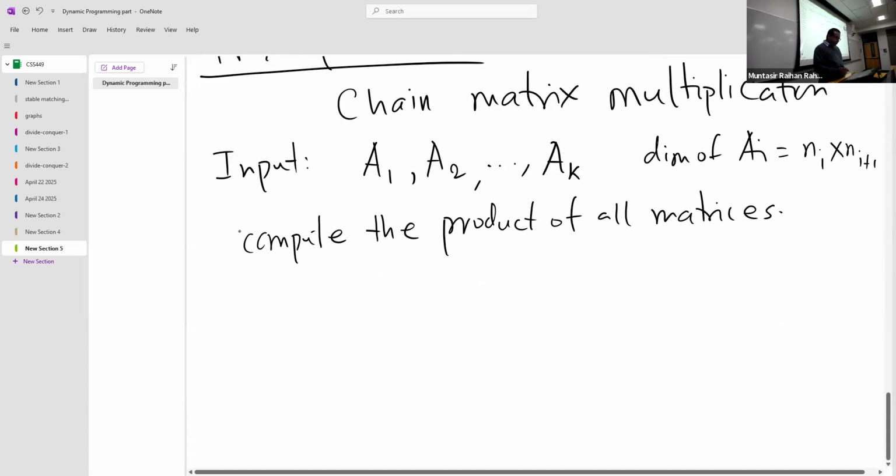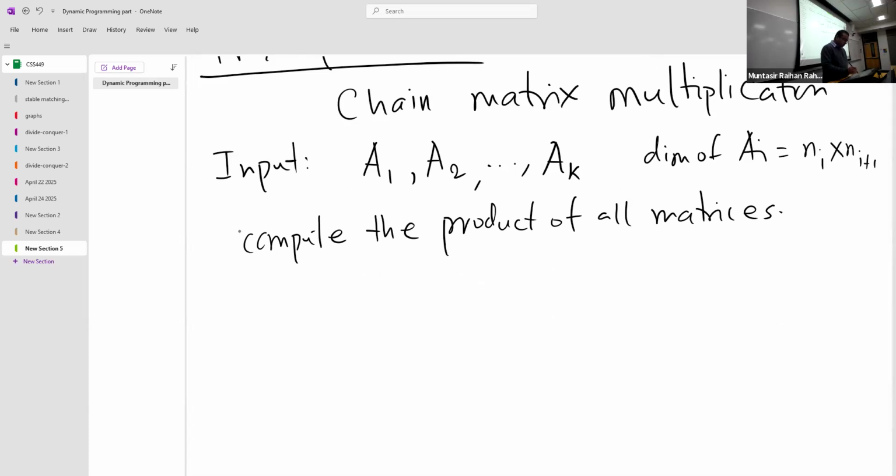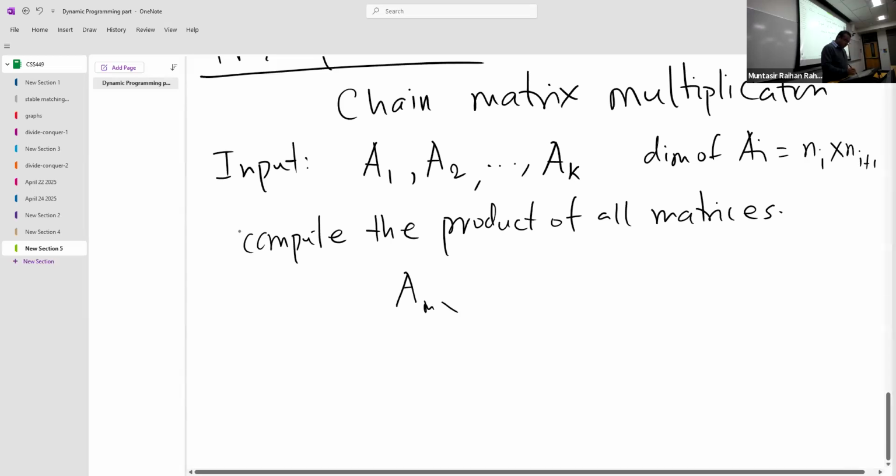And if you have two matrices in general, let's say A is a matrix which has dimension m times p. What does that mean? The number of rows is m and the number of columns is p. And if you have another matrix B, how many rows does B need to have? P. Right? So you need to match that, times n, and then you get AB, which is going to be m times n.